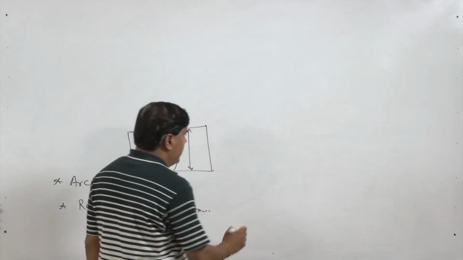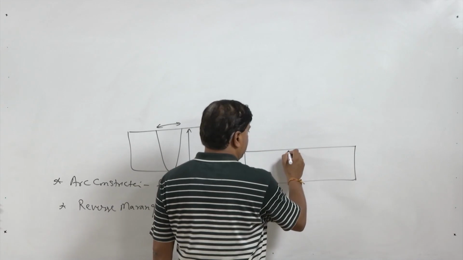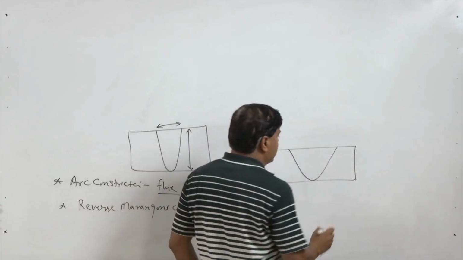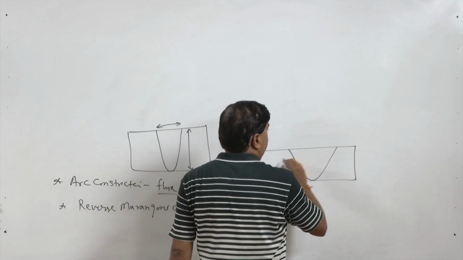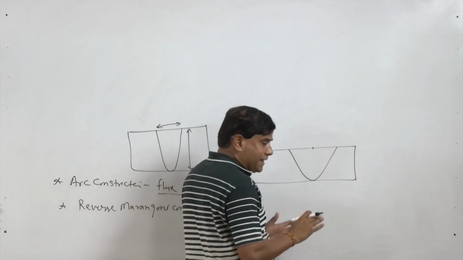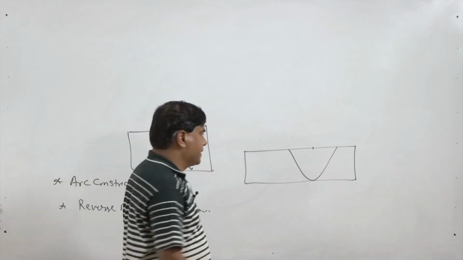So, I will explain what it is. Basically, in conventional arc welding processes, the width is more and depth is less. Conventionally, the molten metal flows from the low surface tension area to the high surface tension area.